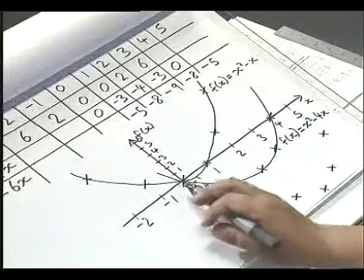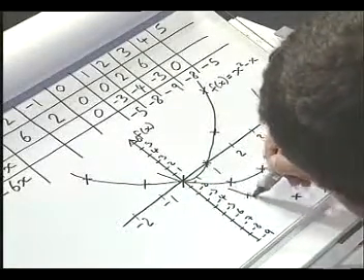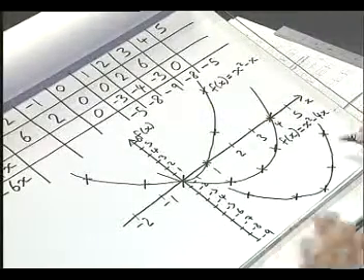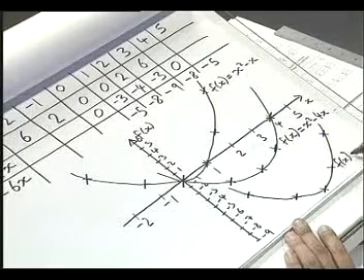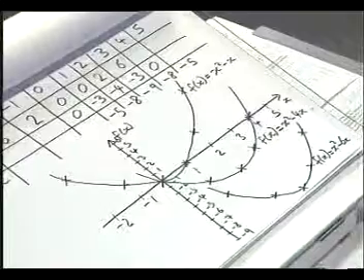And once again, we can just draw a smooth curve through these points to give us the parabola we wanted. And this is f of x equals x squared minus 6x.